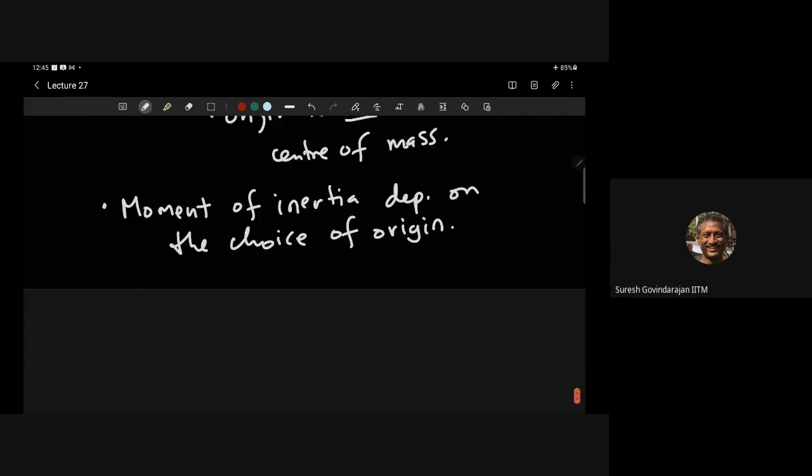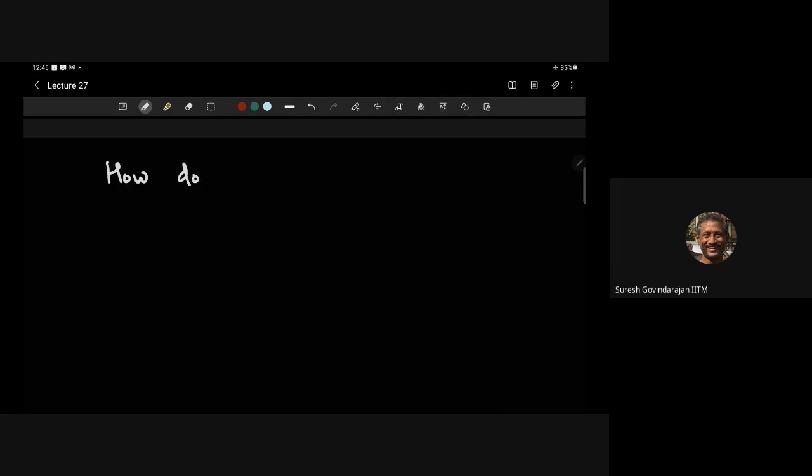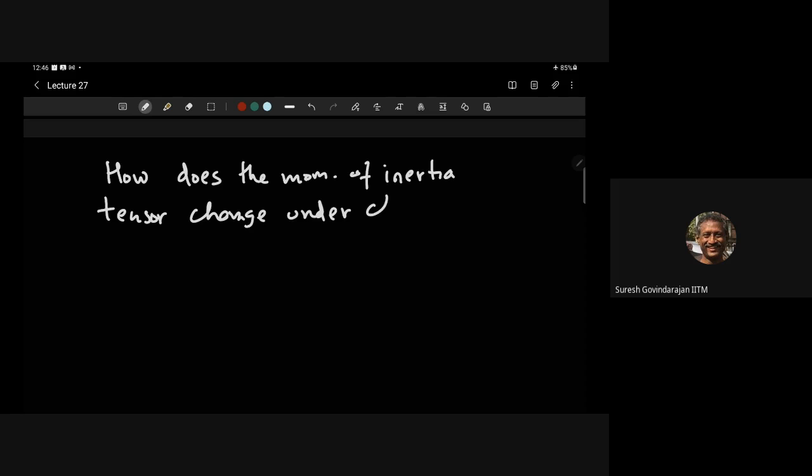So we'll do a small exercise before we start this problem. The exercise is a very simple one. How does the moment of inertia tensor change under change of origin?